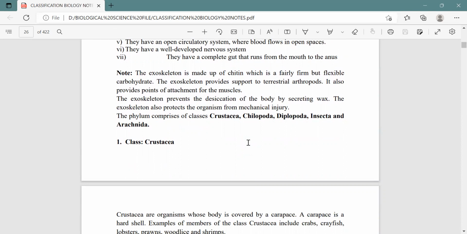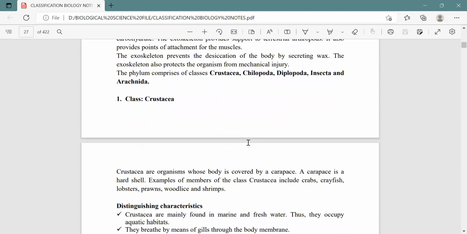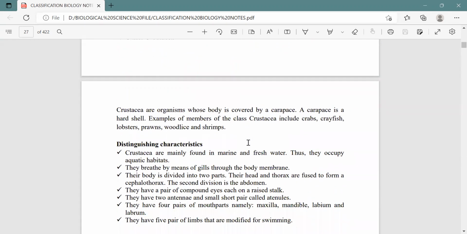Please, those 5 classes, remember them always, because you are teachers, and when you break down the science of classification into lower levels, from kingdom to phylum to class to order, you will have simplified work for your students, from order to family, from family to genus, and from genus to species.